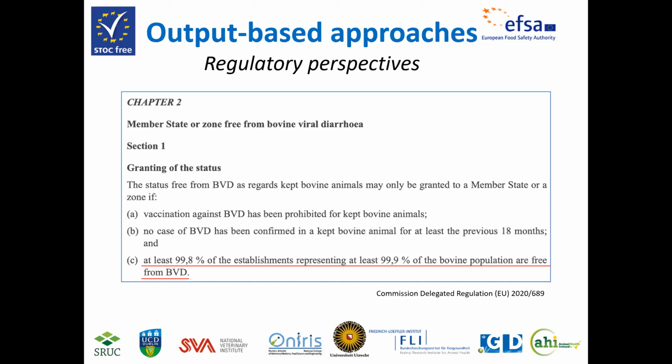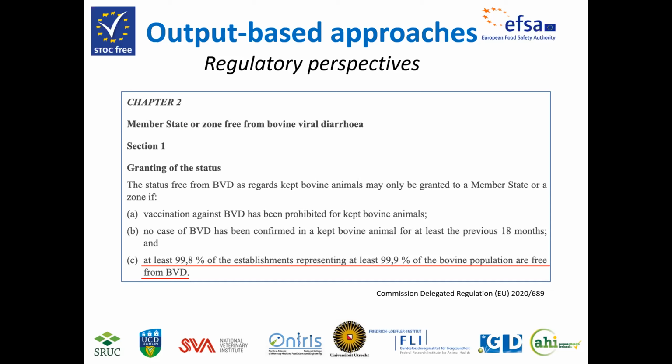And that's illustrated in this example here, coming from the Commission delegated regulation with respect to BVD, where, as we can see in the underlying text, zone freedom from BVD can be achieved only once at least 99.8% of establishments, representing 99.9% of the bovine population, are free of BVD. So a very, very strong focus on what needs to be achieved.